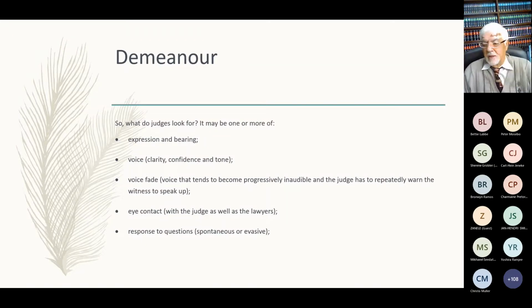Now, just remember, there are two kinds of judges broadly. There are those judges who believe that demeanor is a good pointer towards credibility. Then there is another school of thought, judges who believe that demeanor is not a proper indicator.